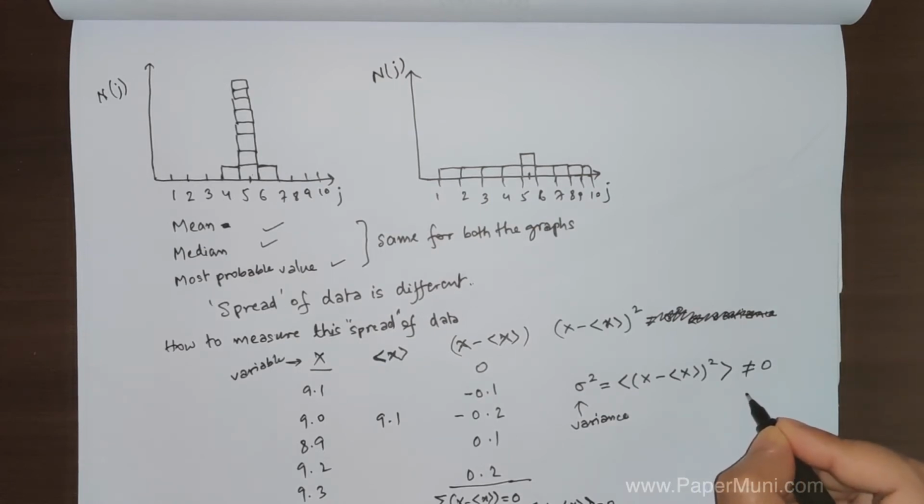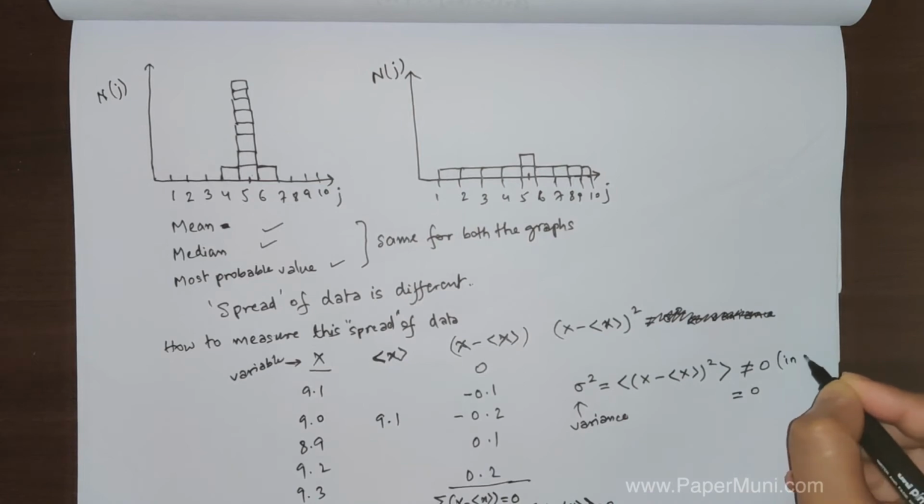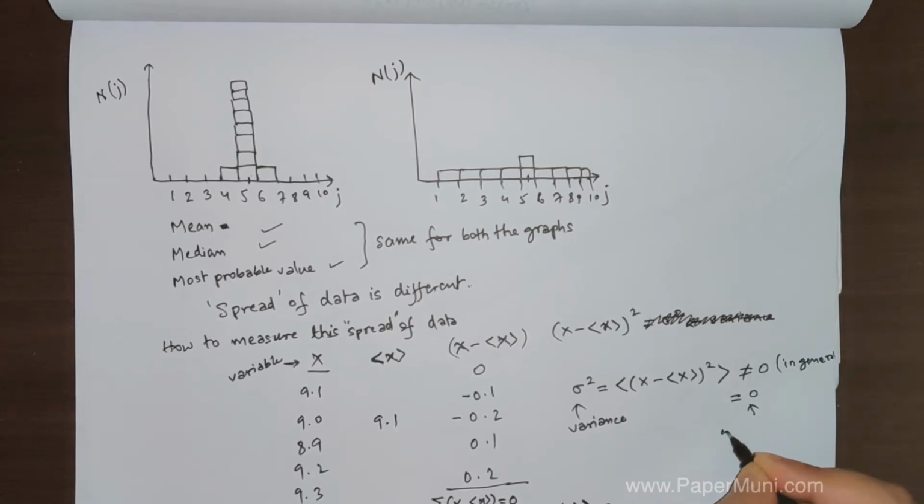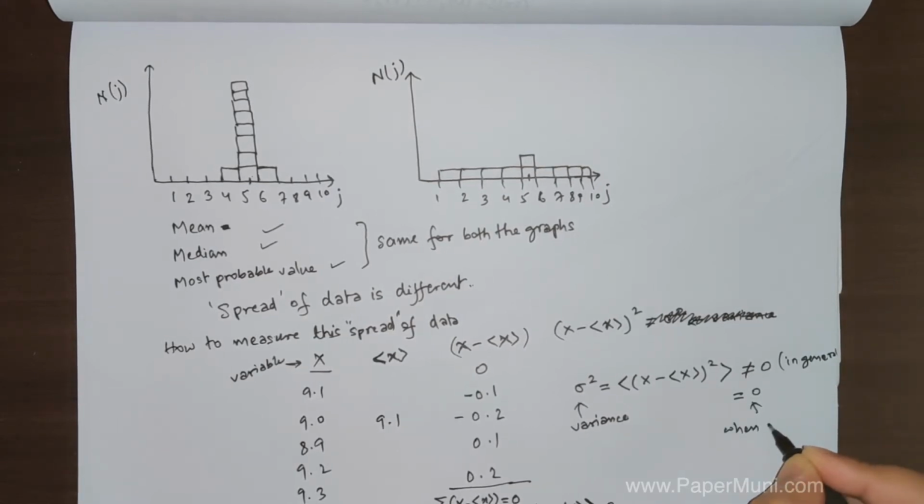It could be 0, in general, only when sigma is 0, that is, when all values are the same.